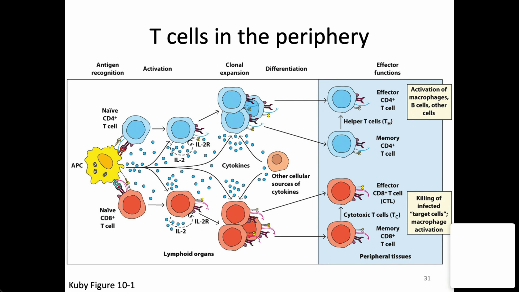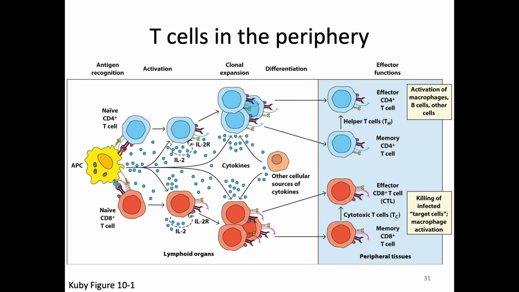This is showing us a little bit of information about T cell activation. We're going to be going through more specific details in the next couple of days, but I want to hit some highlights so you know some things to be looking for here.